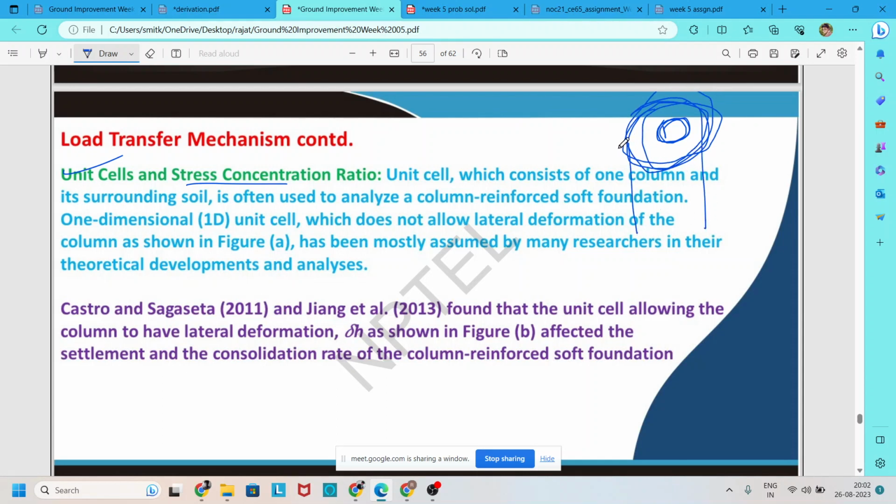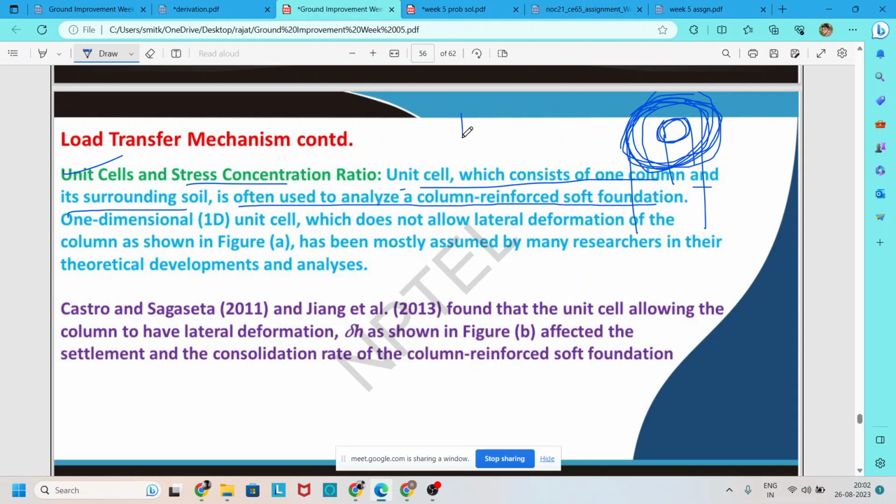If we need to find out the influence of this composite column, the area up to which it influences is called the unit cell. So here it is said that a unit cell consists of one column, the good material column, and the surrounding soil, and it is often used to analyze column-reinforced soft foundations.